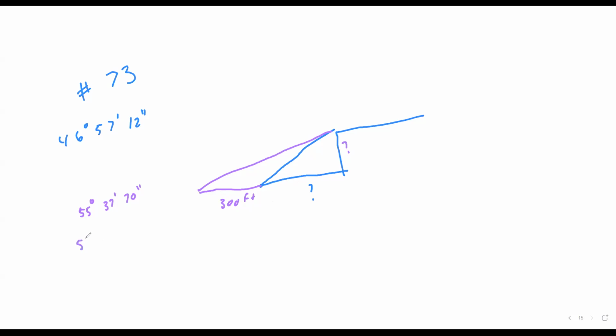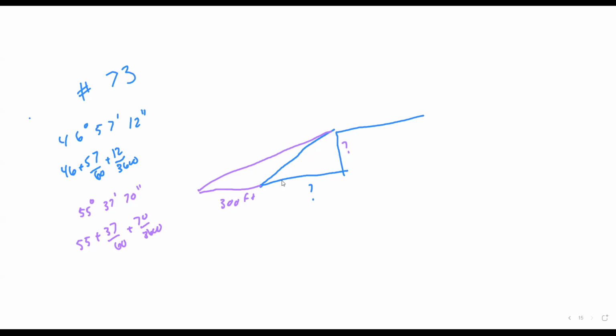All right, so I know this is going to be 55 plus 37 over 60 plus 70 over 3600. This would be 46 plus 57 over 60 plus 12 over 3600. But given the angles, interesting.